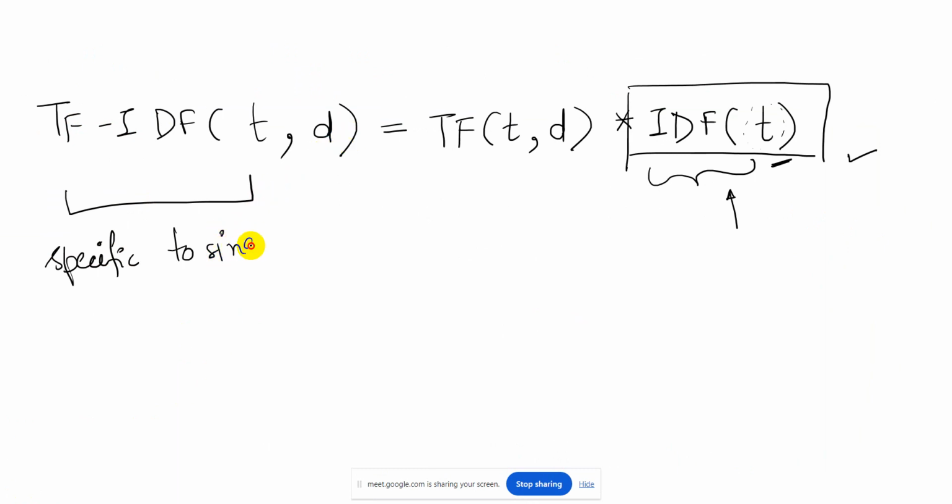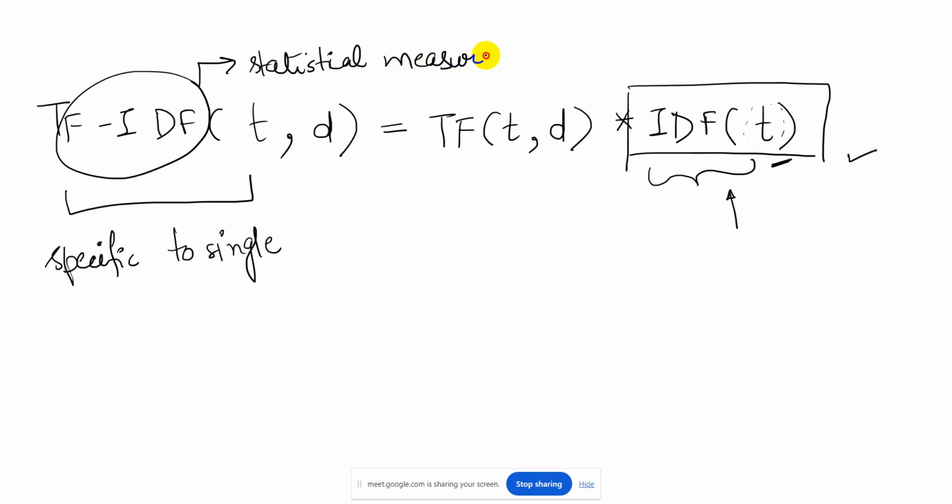So I was saying that this TF-IDF, the overall term, is a statistical measure. Why it is a statistical measure, we will cover that concept also. It is specific to a single document.